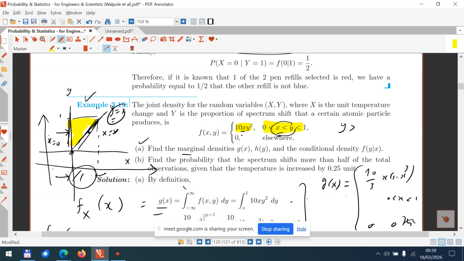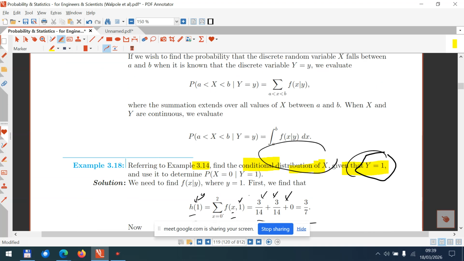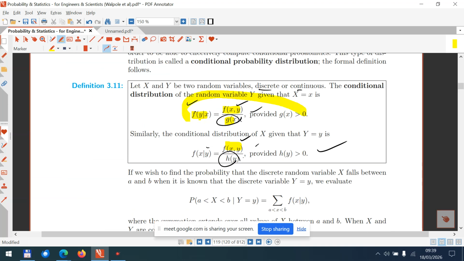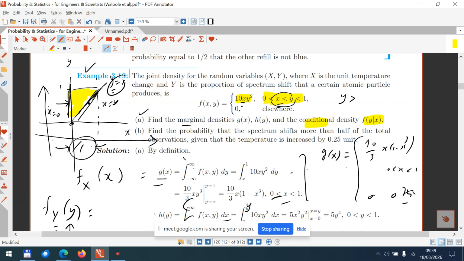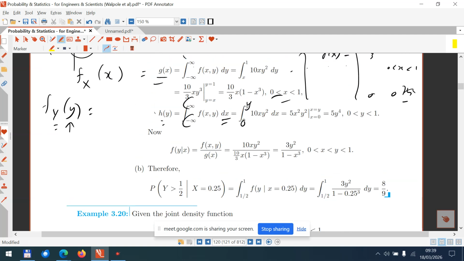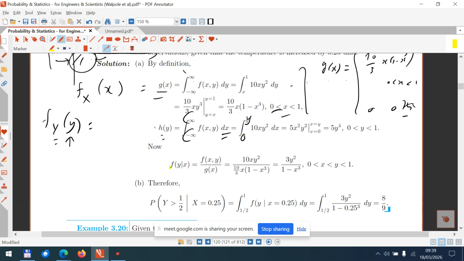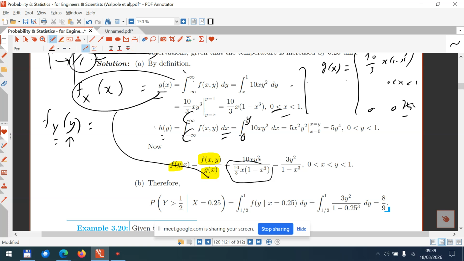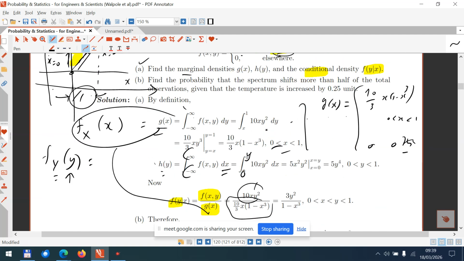He's only asking you for the conditional density f of y given x, so you only need to use the first formula. It will be f of y given x, the joint density divided by this one. We just worked it out here, and the joint density you already know from the original question.